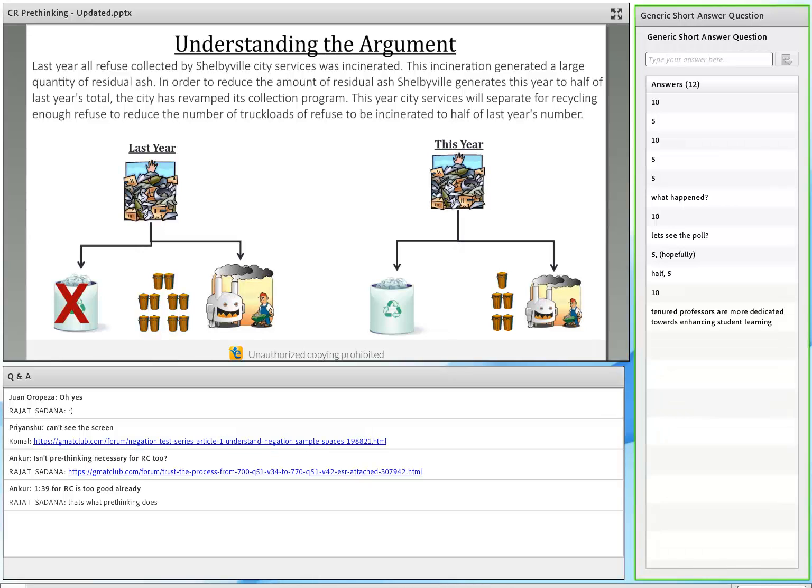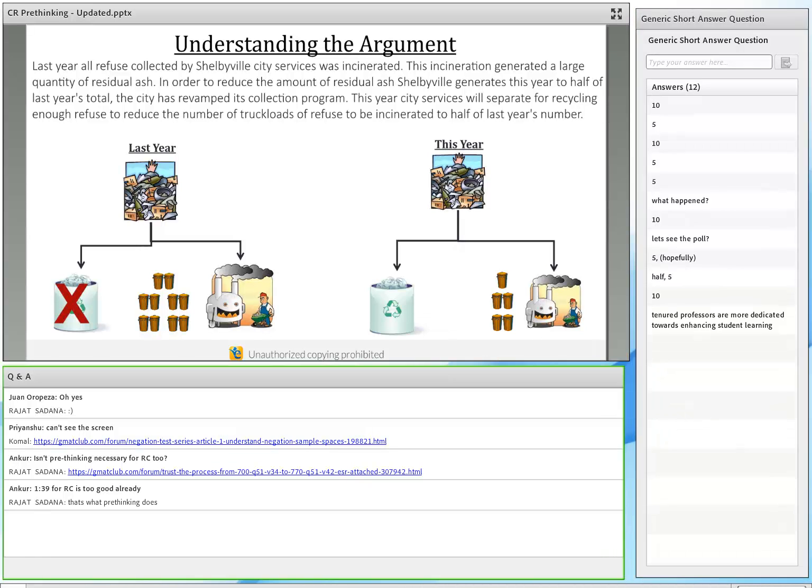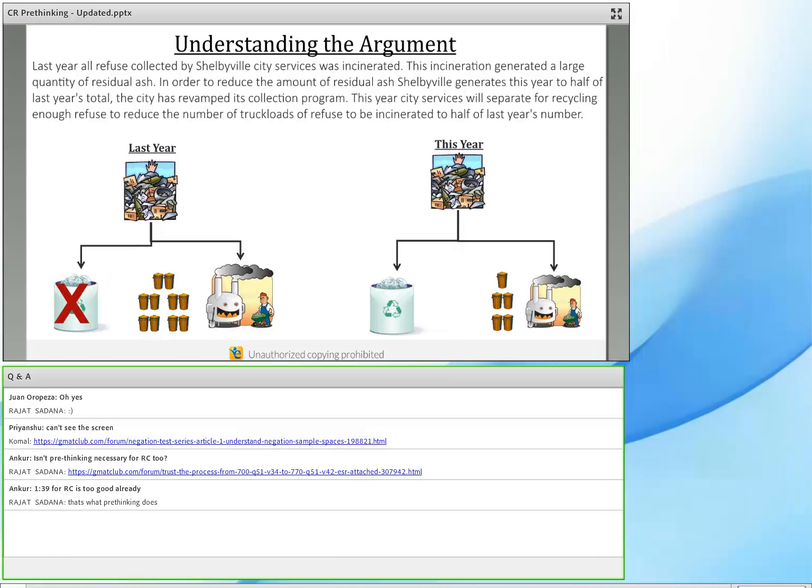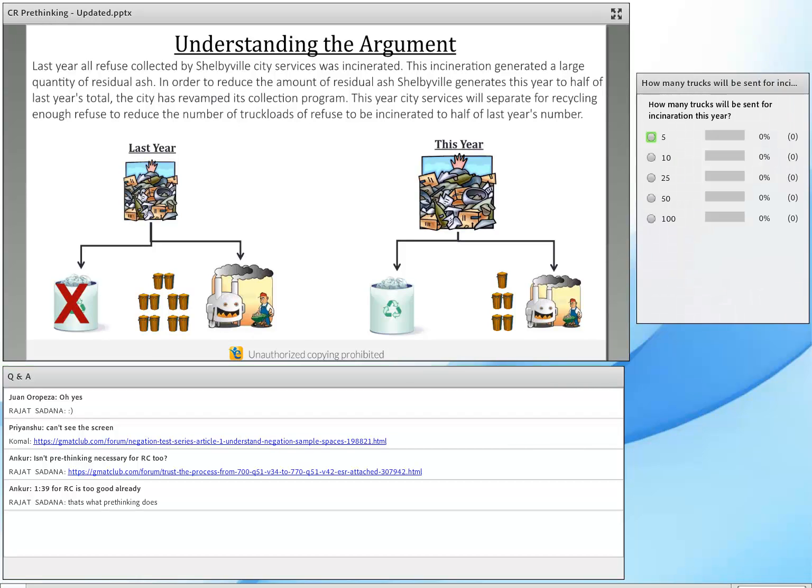Now I have a question for you. And again, be very confident. How many trucks do you think we're going to send this year if we collect 10 times the amount of refuse that we collected last year? How many trucks do you think we're going to send for incineration this year if we collect 10 times the amount of refuse?